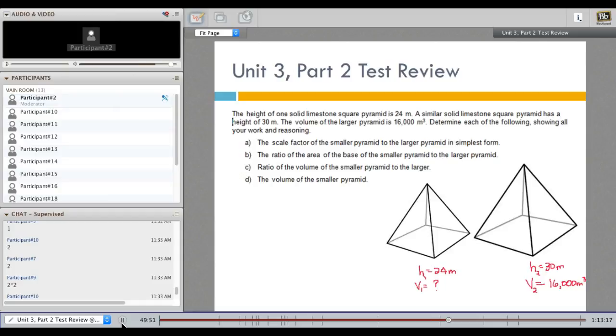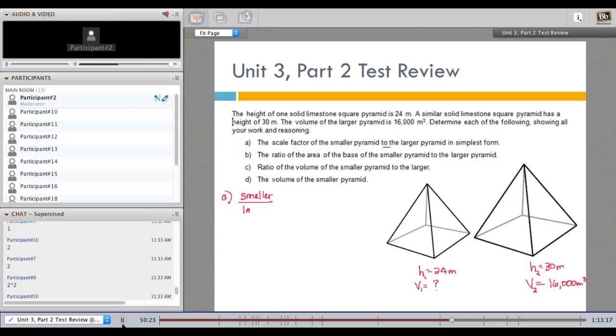It doesn't really matter, except when you read part A, then it does. If they don't specify it, it's not a huge deal. It could go larger over smaller or smaller over larger, but in part A it says the scale factor of the smaller to the larger. And so that tells you in part A that we do want smaller over larger.